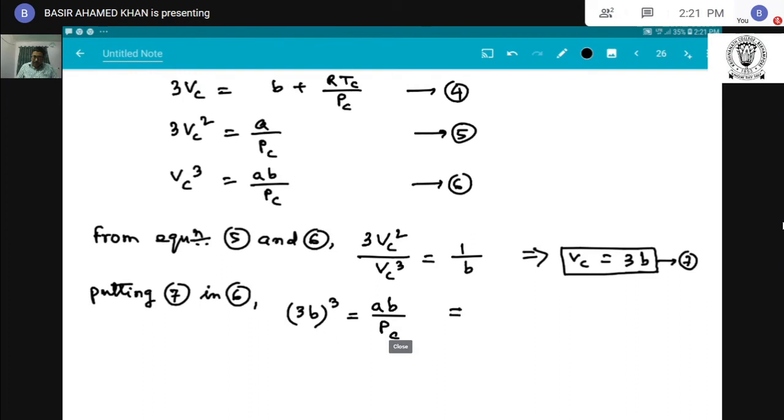From here we get pc equal to a by 27 b square. This is the value of critical pressure.